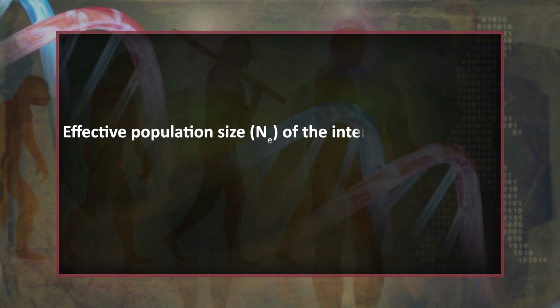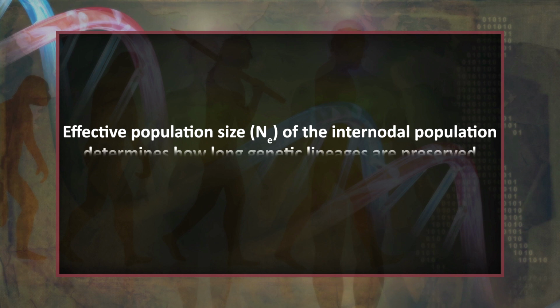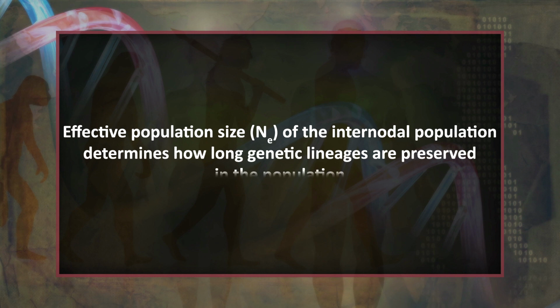The effective population size of the internodal population determines how long genetic lineages are preserved in the population. A higher effective population size causes more incongruent gene trees. Therefore, if the internodal time span is known, the ancestral effective population size of the common ancestor of humans and chimpanzees can be calculated.